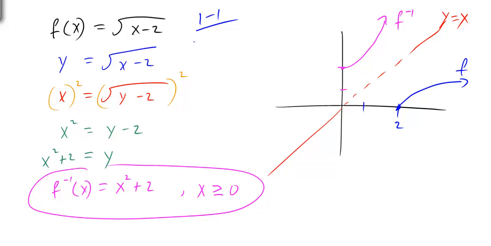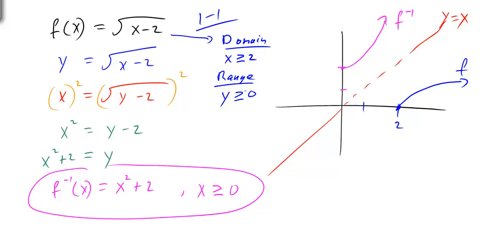We have the original function here, the domain would be values of x that are greater than or equal to 2, and the range would be values of y. If we think of the range as being your y, the y has to be what? Greater than or equal to 0.